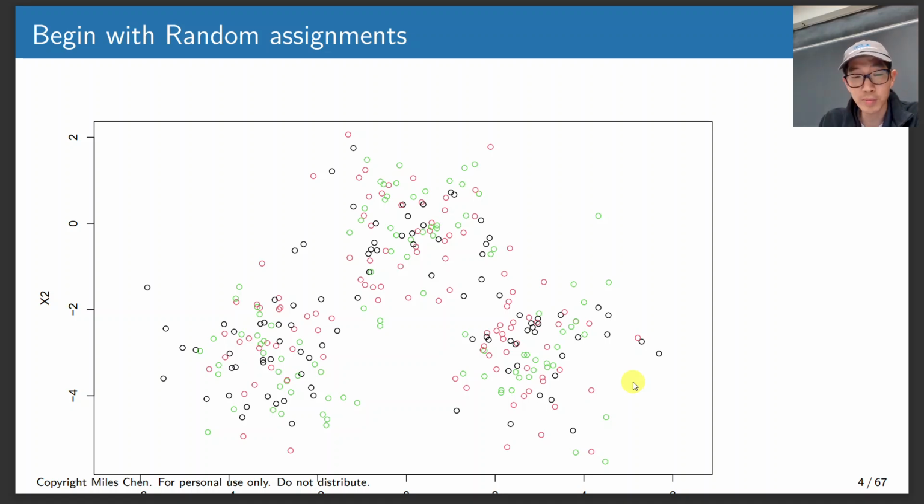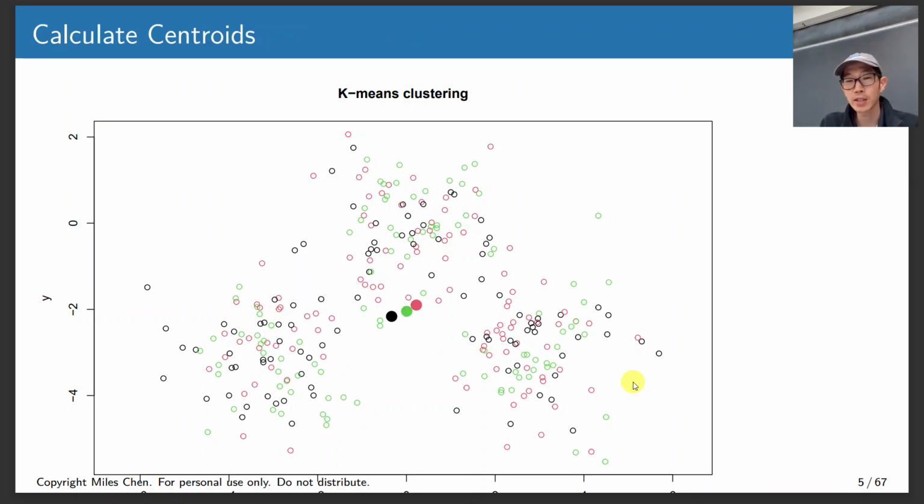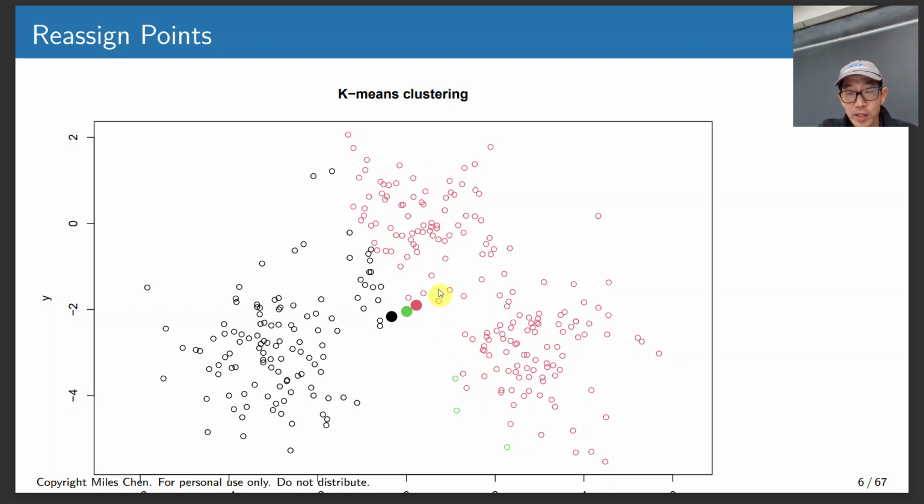I've got dots in red, black, and green, and then we calculate the centroids. Here I've got red, black, and green, and then we assign the points that are closest to red, closest to black, and closest to green, and this is what we end up getting. Interestingly enough, only a couple points ended up close to green.